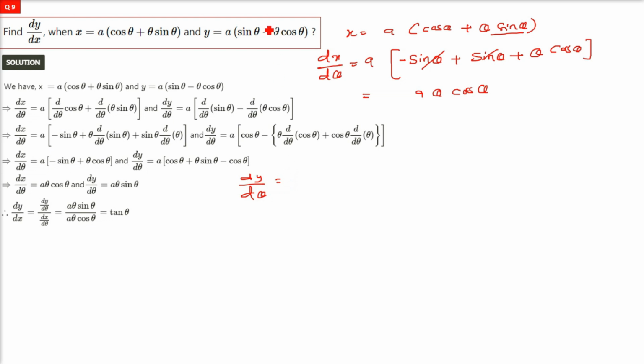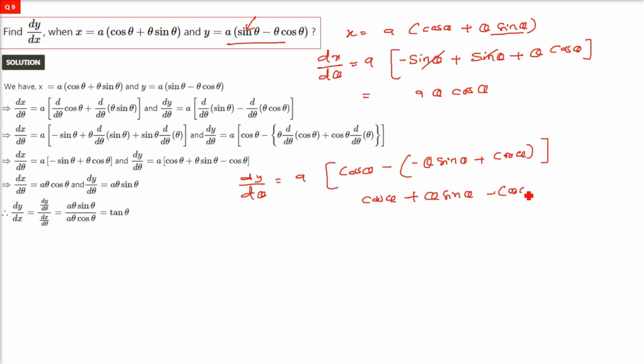Now coming to the second part, dy by d theta. So this dy by d theta is a, you can take out. Sin theta will be cos theta. Now here we will apply the product rule, theta cos theta. So you have theta sin theta already done, theta cos theta, so minus theta cos theta. Then sin theta outside, d by d theta of theta is 1. So sin theta, minus minus becomes plus. So you have plus theta cos theta minus sin theta.